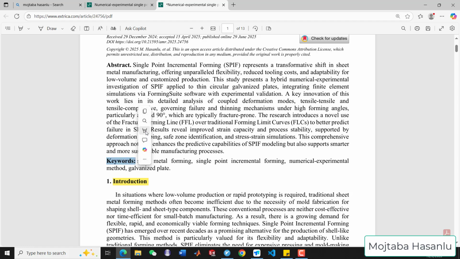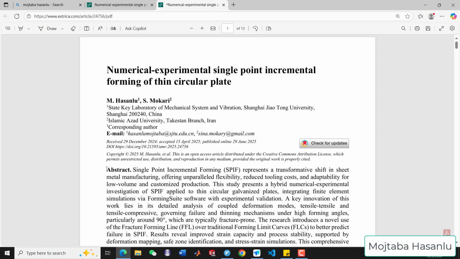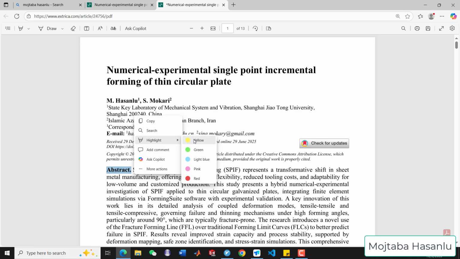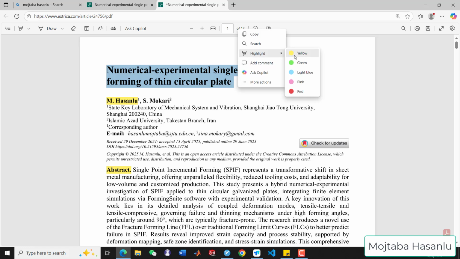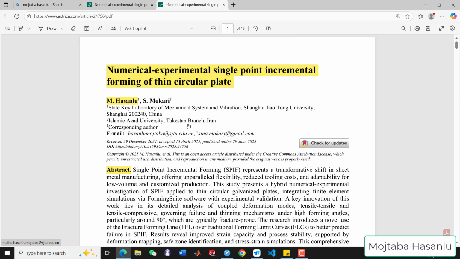By the way, the previous ones are keywords, abstract, also author names, and the last, or the first actually, is the title.